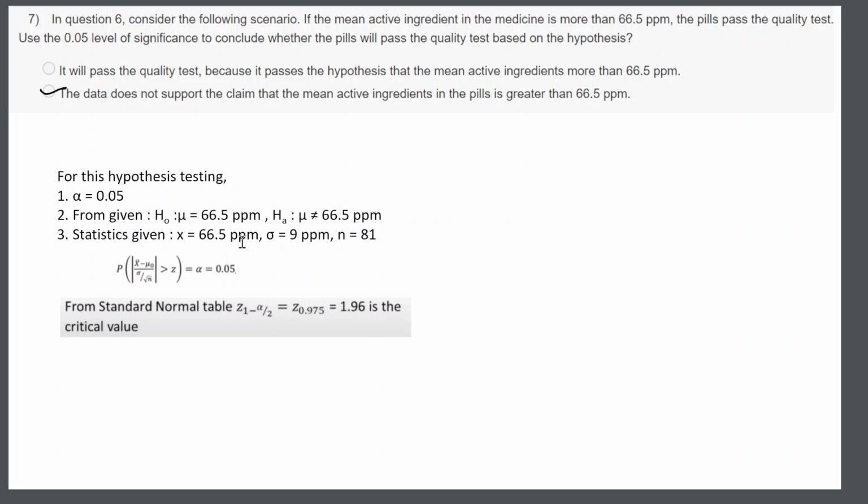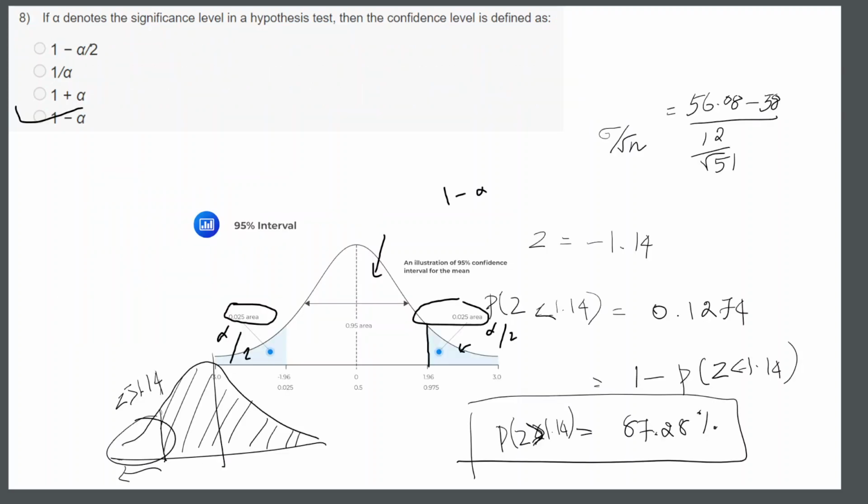In that case, the data does not support the claim that the active ingredient is greater than 66.5. That is the answer, because the value is taken to be zero.